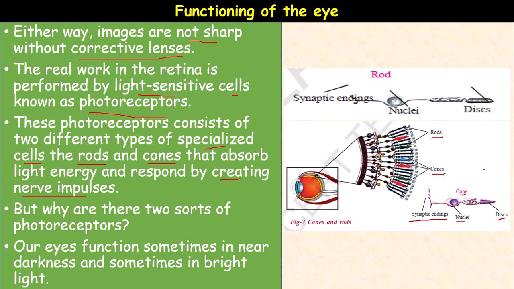If you take rods, rods are also similar in structure, with the synaptic ends, the nuclei, and the discs. They vary in the pigment. Rods contain a special pigment called rhodopsin. It is also called visual purple. And the cones possess iodopsin.